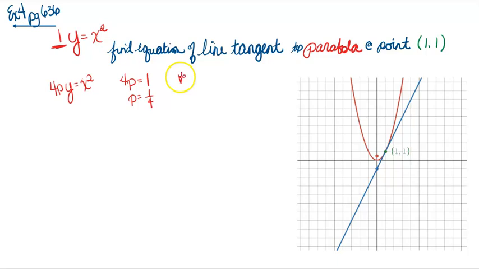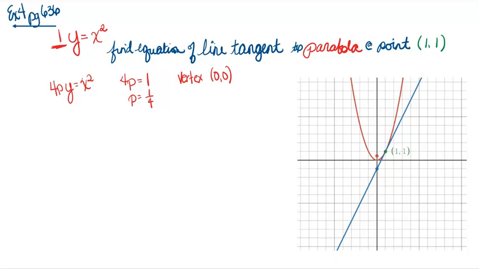If I know that the vertex of this parabola is at the point 0, 0, then I can find the focus by adding 1/4 to the y coordinate. I add it to the y coordinate because it is on the vertical axis, and the vertical axis is parallel with the y-axis.